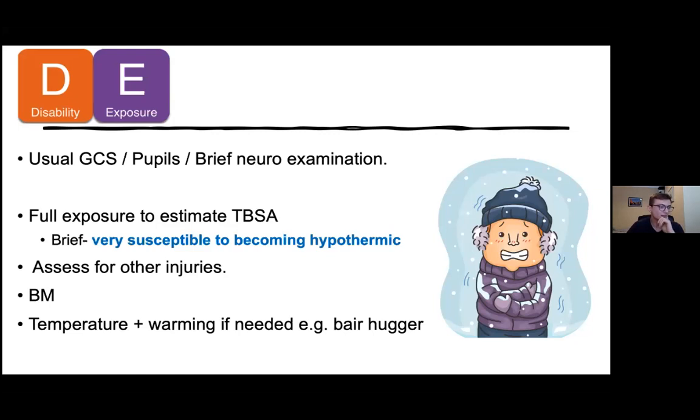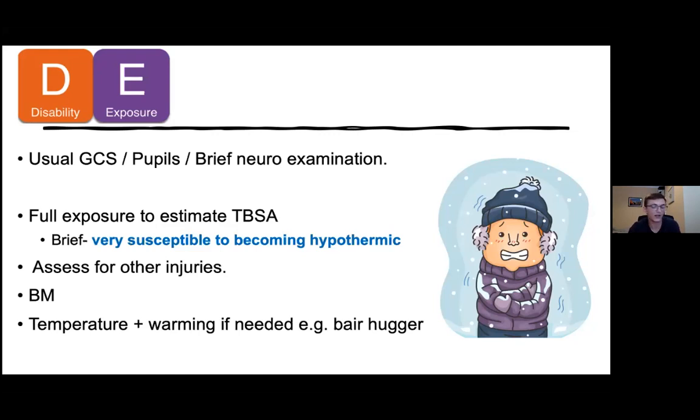And then exposure, so it's important to try and calculate the total body surface area affected by the burns as accurately as possible, because it dictates how much fluid they get, and it's good for communicating with specialties and describing how extensive the burns are. We'll look into how you do this in the next few slides.